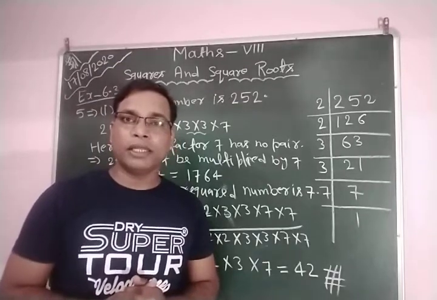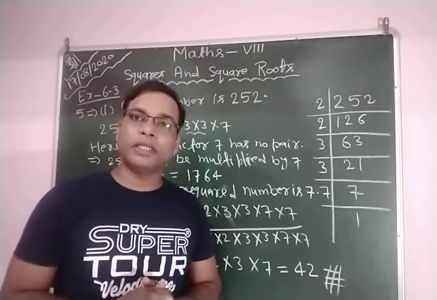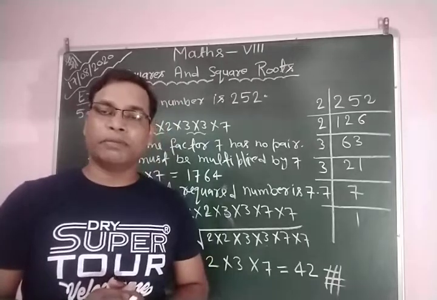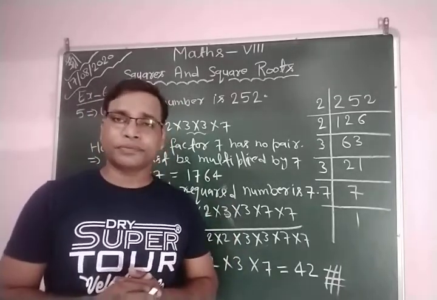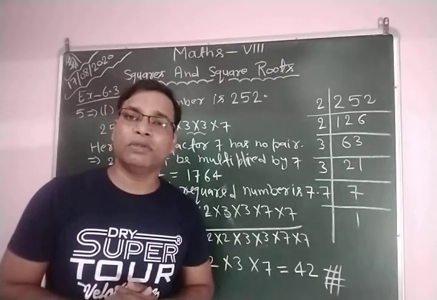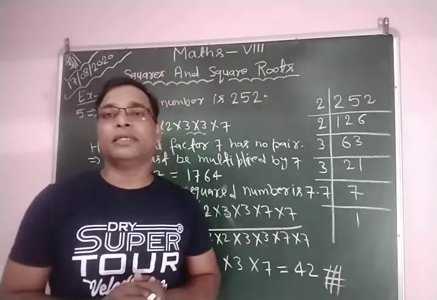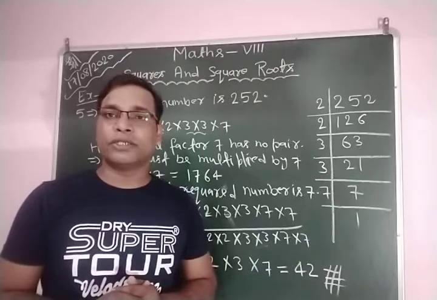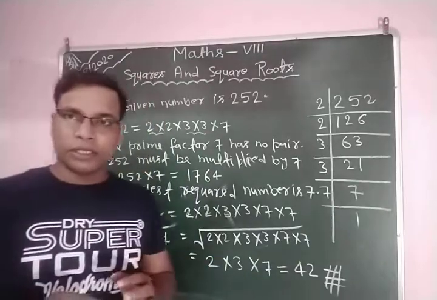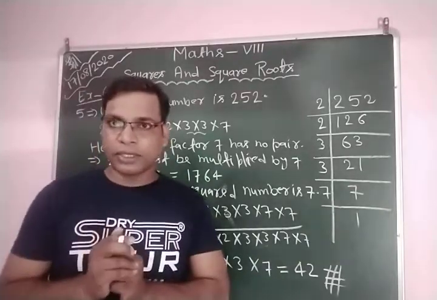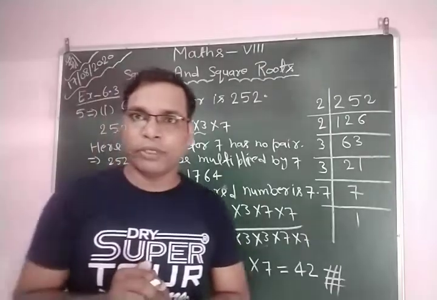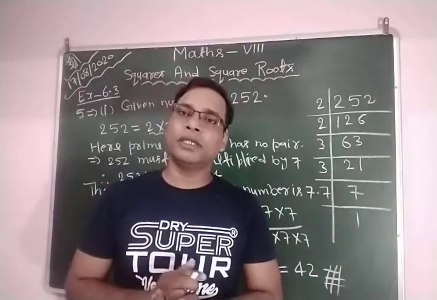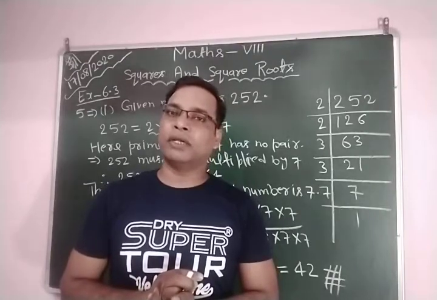So in this way, the smallest whole number is 7. If you multiply 252 by 7, then it becomes a perfect square number. We multiplied 252 by 7 and obtained 1764.